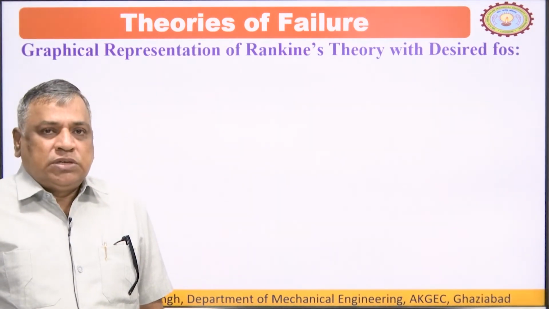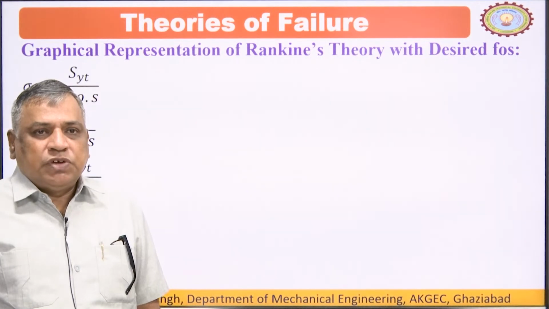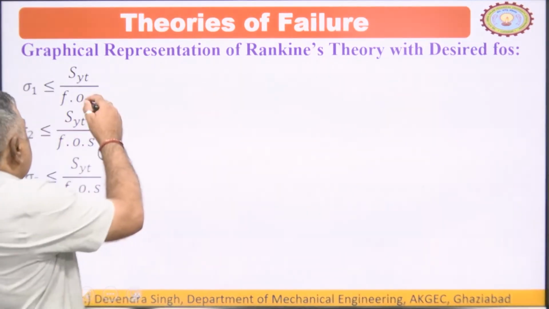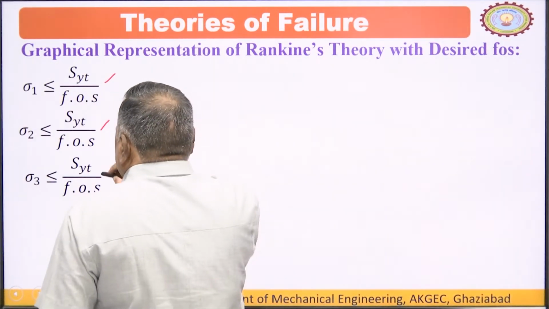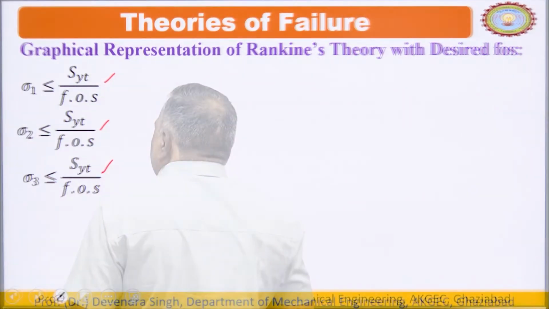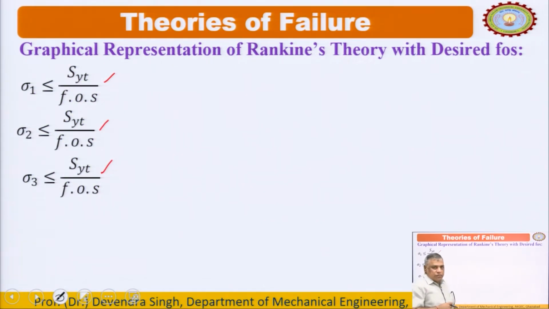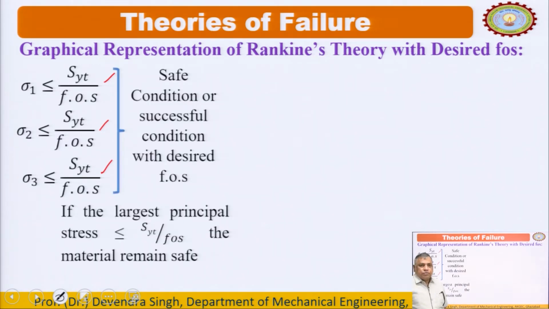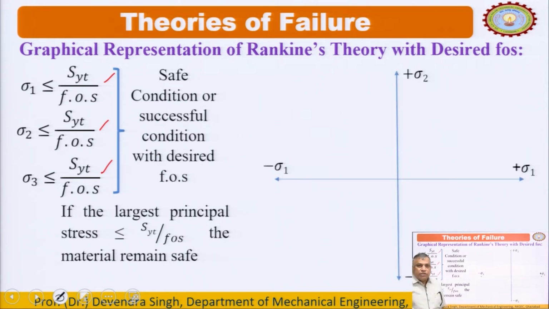Now, this is Rankine's theory with desired factor of safety. Here, this is the design equation where we want to incorporate some factor of safety. So, same procedure to plot the safe condition. If the largest principal stress is less than or equal to S_yt upon FOS, then the material remains safe in the loading condition, and this is the sigma 1 sigma 2 plane, and again find out the points.